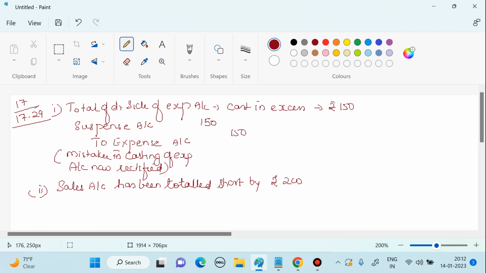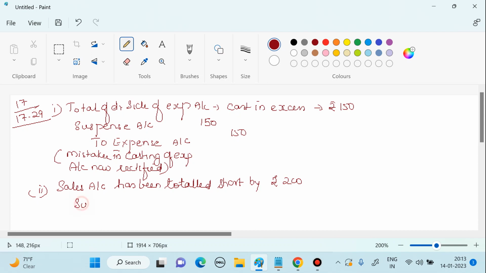Sales account is a revenue type of account. It has which balance? Credit balance. So total short means you need to put more into that. So we should credit sales account.